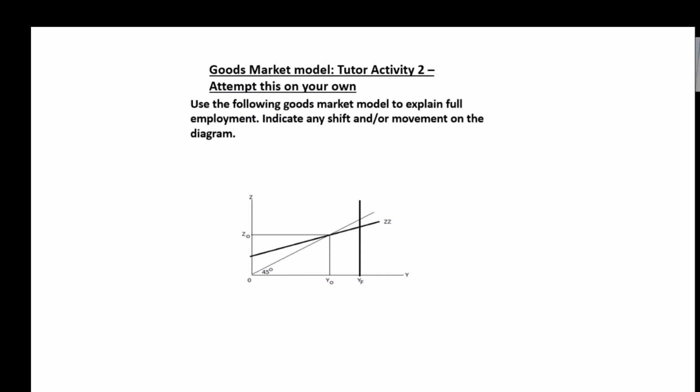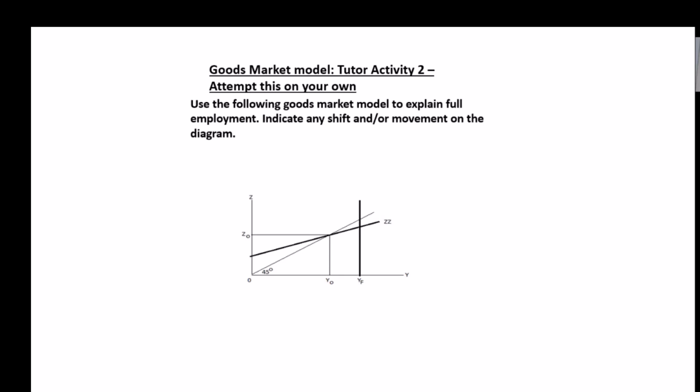Why is it fiscal policy? It says in the question, it's the goods market model. Fiscal policy is relevant in the real sector, the goods market. So the first thing you must understand is that the movement from Y0 to YF is an expansionary fiscal policy.